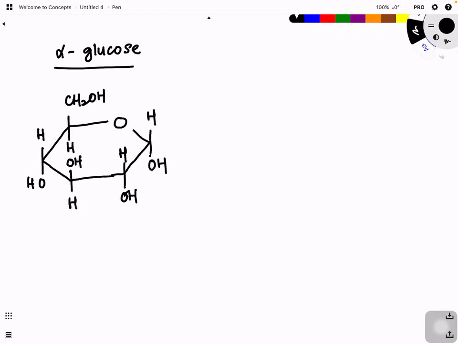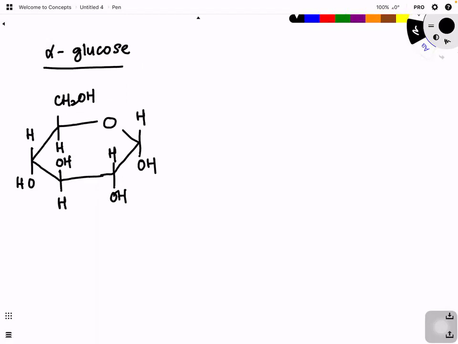Okay, now let us look at the main difference between the alpha glucose and the alpha galactose. The main difference of alpha galactose is at carbon number 4. So this is carbon number 1, 2, 3, 4, 5, and 6. So alpha galactose has a similar shape as the alpha glucose.